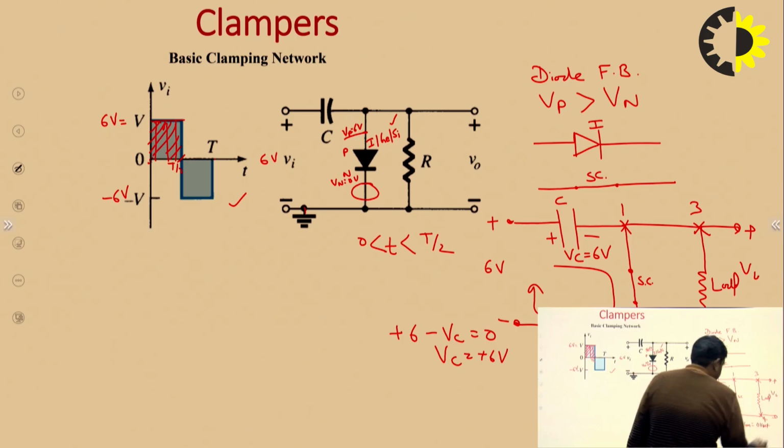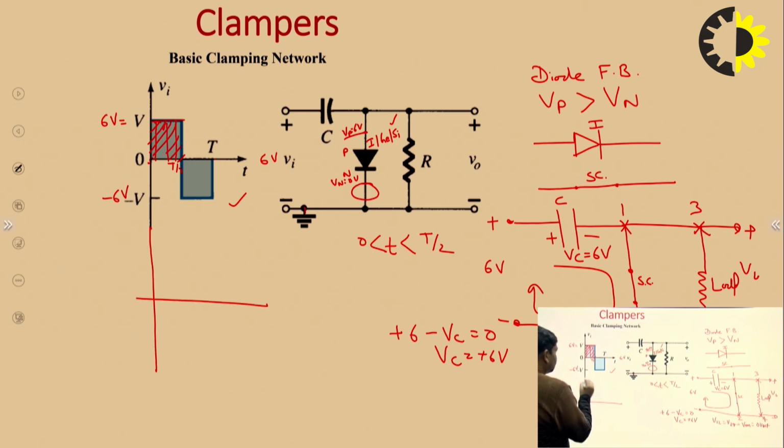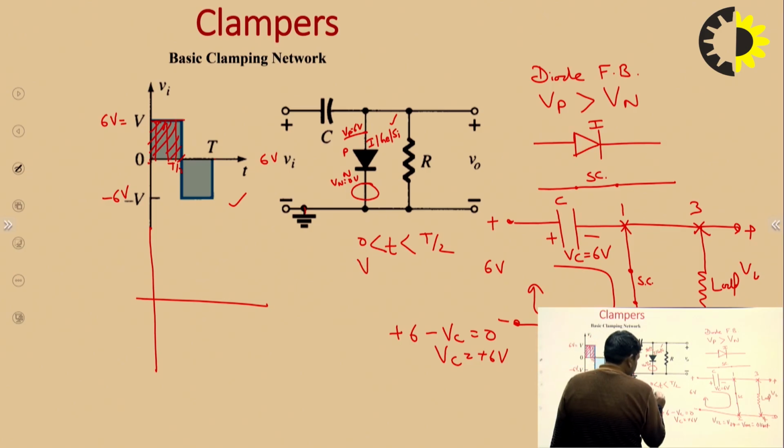So 0 volt appears during the positive half cycle. From 0 to T by 2, the output V naught is 0 volt, and the capacitor voltage is 6 volt.